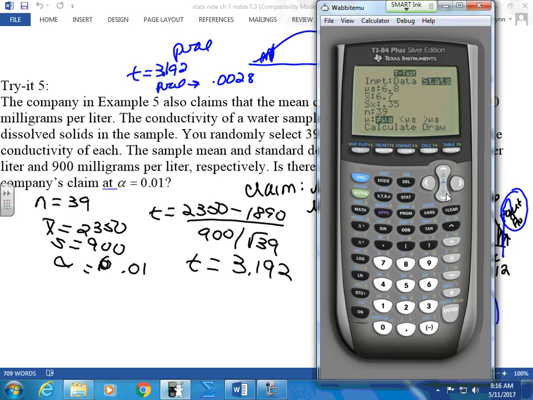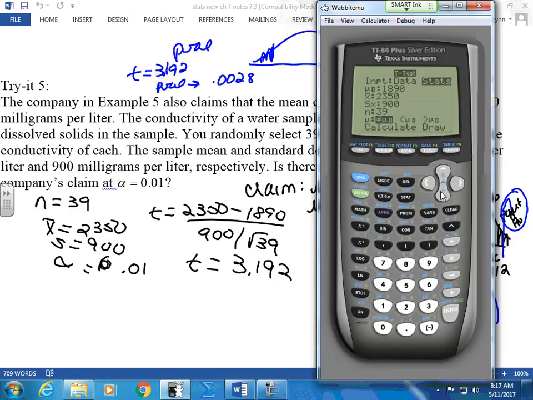So this is from your population statement. This is your statement, 1890. This is your sample, 2350. This is your sample standard deviation, 900. Your N, 39. And this is your tail. Follow your HA.